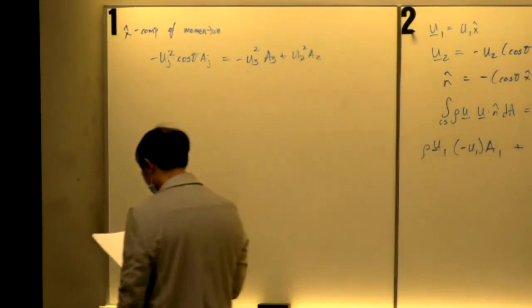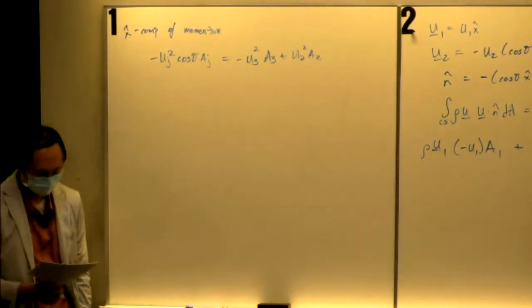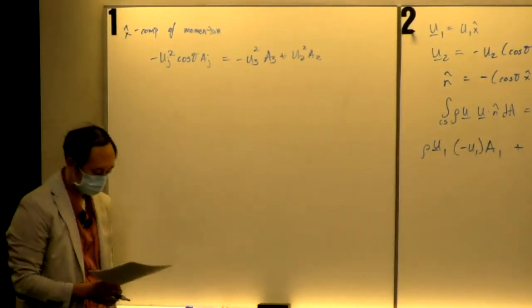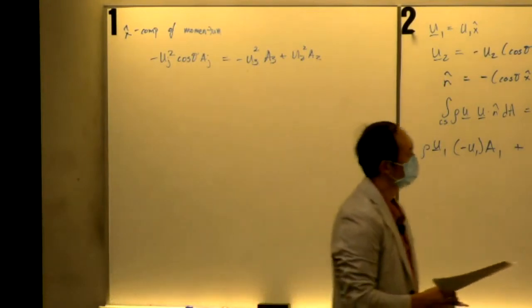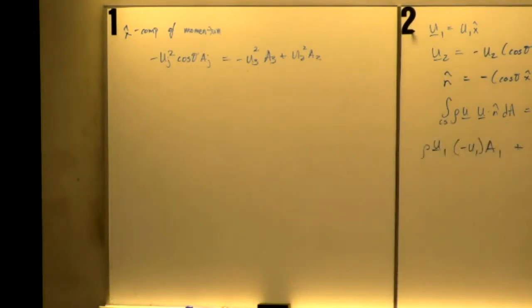Can I ask? Yeah. When you got cosine and sine, I was a little bit confused, because it seems like you dot cosine with negative cosine, because the outward normal would be the same thing with just a magnitude of 1, right?